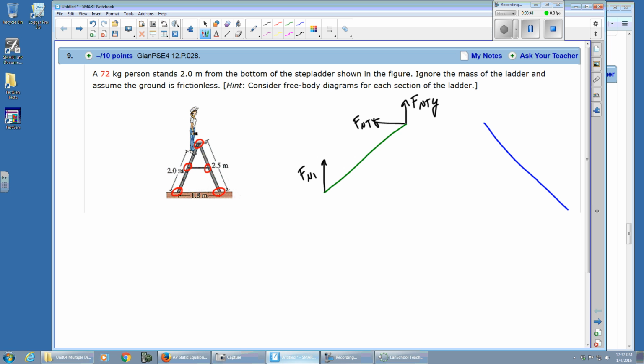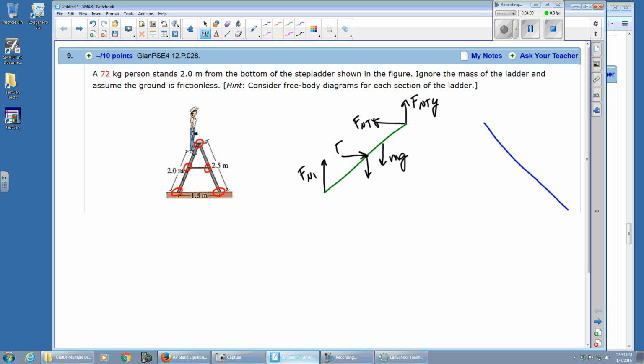On this one here, there's going to be, of course, the weight of the person, and there might be a downwards force here, but there probably is going to be a force in this direction here.